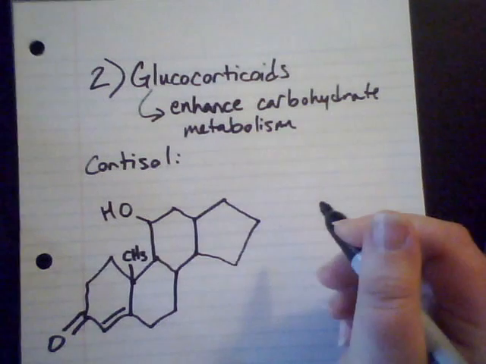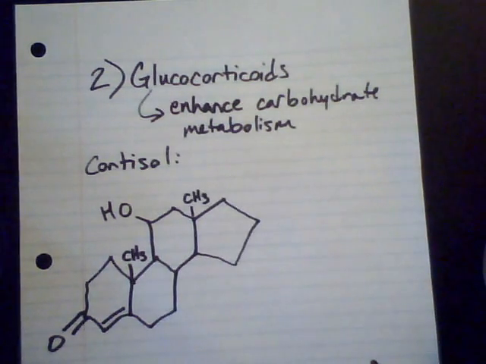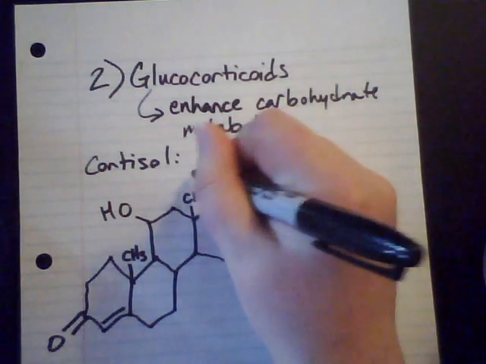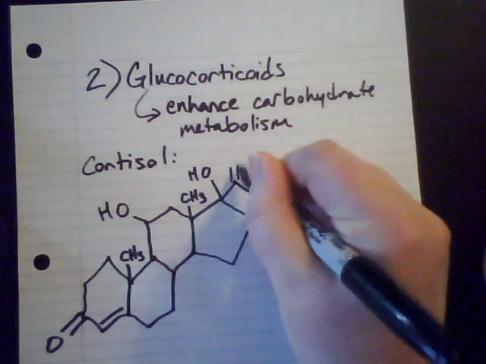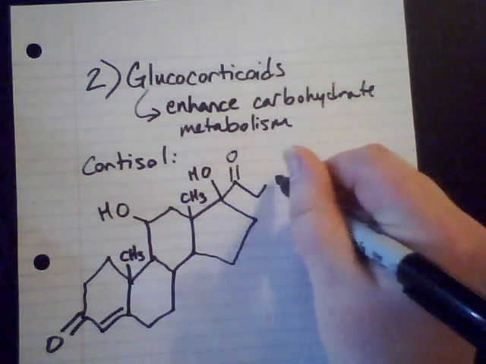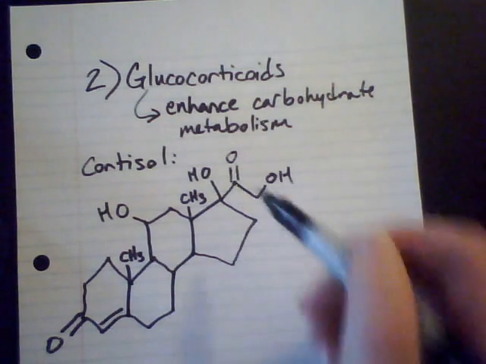Again, that's the same. We have a methyl group here. And then off of this one, we have kind of some weirdness. We have an alcohol group, and then we have a carbonyl. And then from here, we have an OH. Okay, so this looks pretty similar to our other molecule that we just looked at.